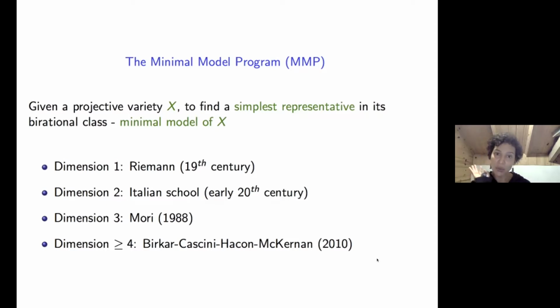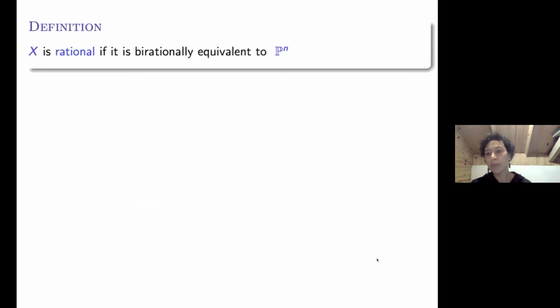Okay, so now let me discuss another problem within birational geometry. This has to do with the minimal model program, but there are also some special birational classes, and you may want to understand or characterize the varieties that lie in these special classes. For instance, there is the special birational class of projective space. We say that a variety is rational if it is birationally equivalent to a projective space.